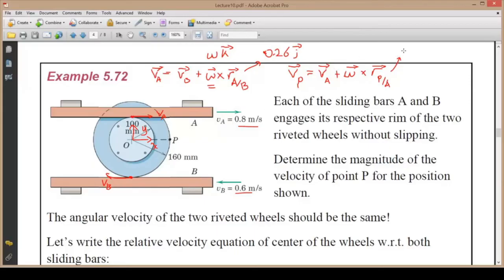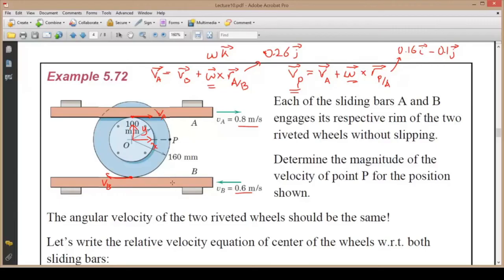So it will be 0.16 i minus 0.1 j. Okay. Omega is already determined in the previous step. VA is known. Now I just calculated this distance vector so we can find the velocity of P. This is a quick, easy way to calculate VP.